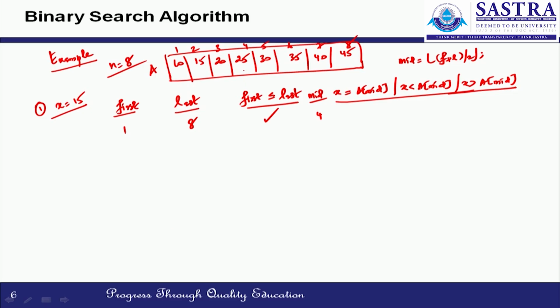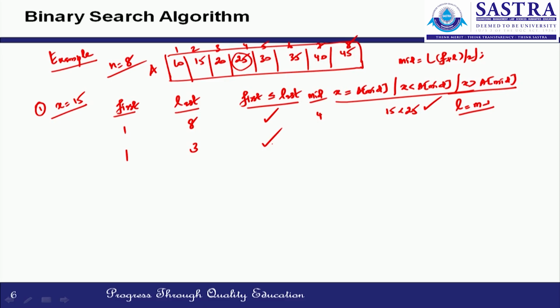At the fourth location we check if x is equal to a of mid. X is the searching element 15, and 15 is less than 25. Since 15 is less than 25, the variable last is updated: last is equal to mid minus 1. First remains 1, last is updated to 4 minus 1, which is 3. Now control enters again in the while loop, and the condition first less than or equal to last is true.